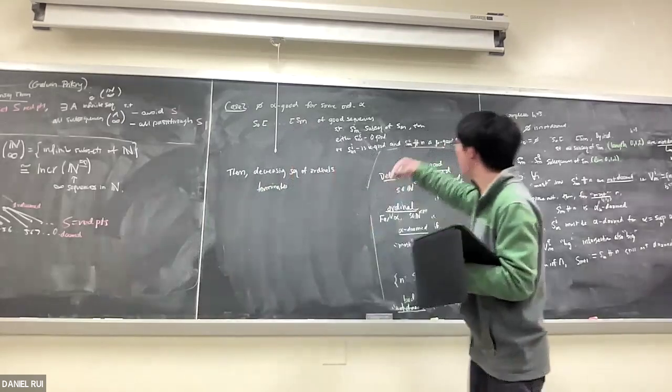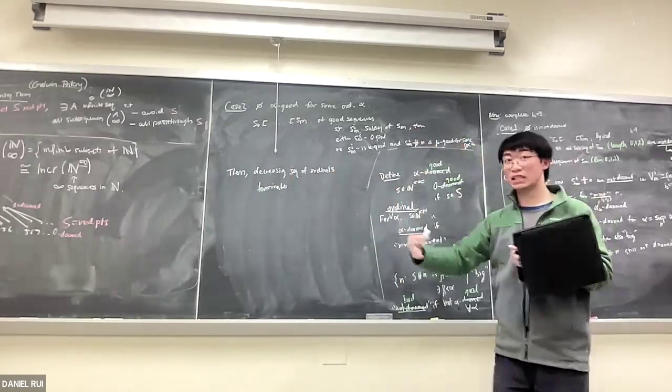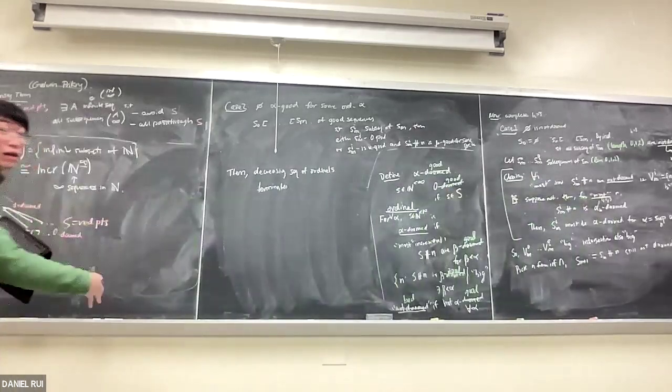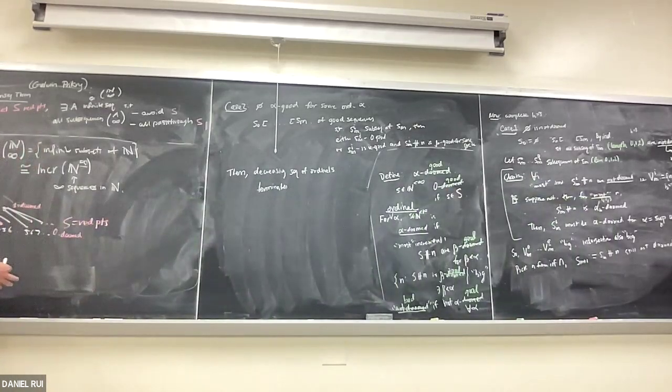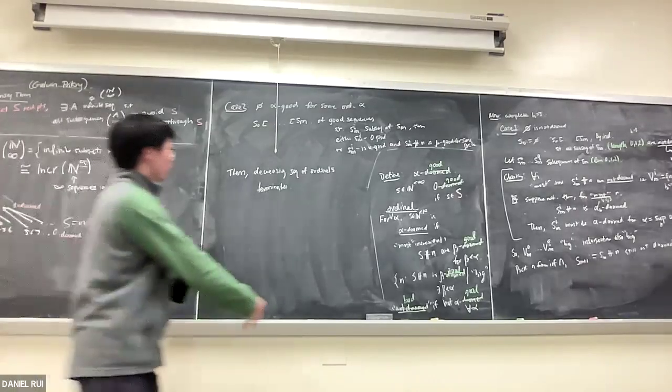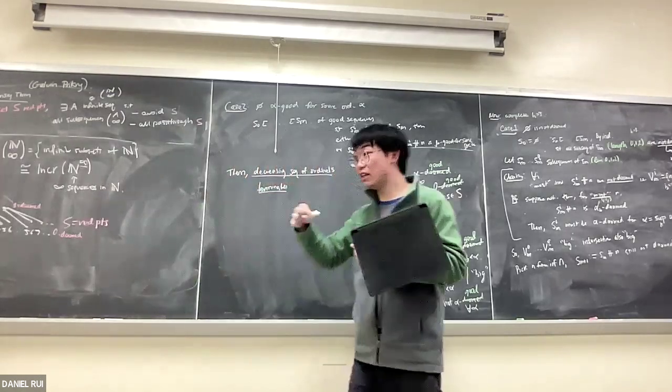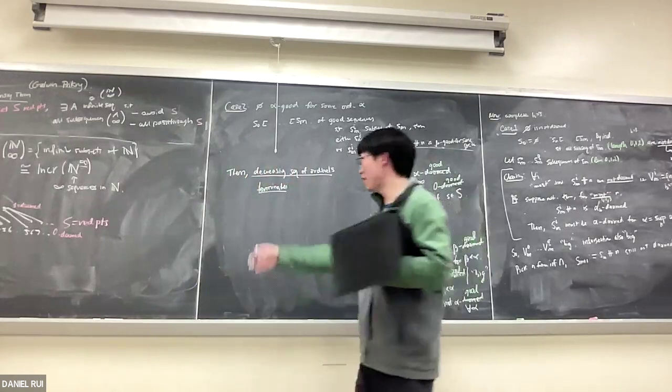If I have a bunch of alpha good sequences, so that at the next step down I have to choose one guy underneath to continue my story, then that's a decreasing ordinal. I start at alpha and then I choose beta beneath me, an increment, and that is necessarily beta good for some beta underneath alpha. So I get a decreasing sequence of ordinals, and any decreasing sequence of ordinals terminates. Anything bigger than 0, I can keep going down, and that terminates at 0.